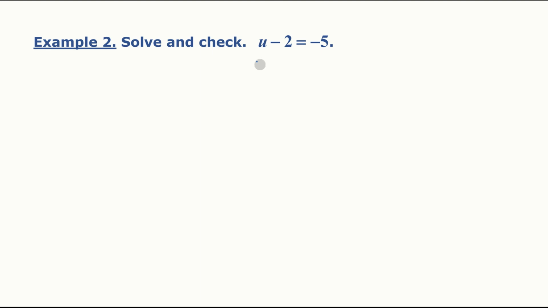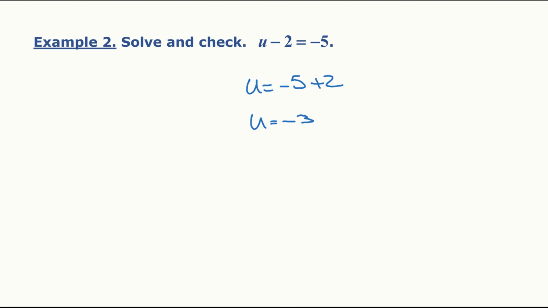Then we want to separate. So we have the variable here. It would be good to move this constant to the other side, and of course we can do that and change its sign. So we get u equals -5 plus 2, so you end up with u equals -3.